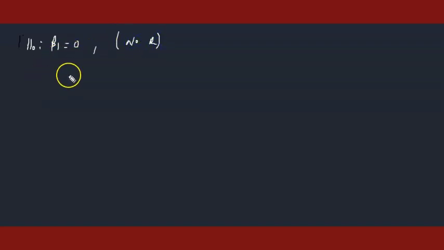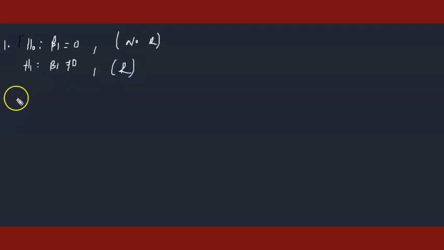When beta 1 is equal to 0, it means between the variables there is no relationship, it's not significant, the variable that we are testing. The alternative now will say not really, there is a relationship. So it says beta 1 is not equal to 0, meaning it's significant or there is a relationship. So this is the first one that we need to do.